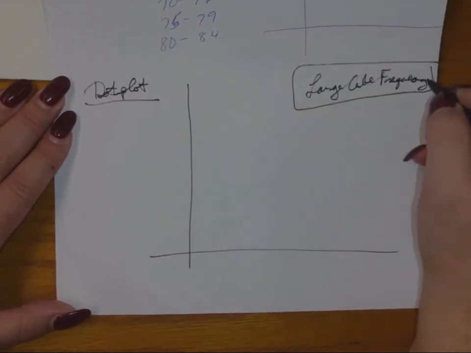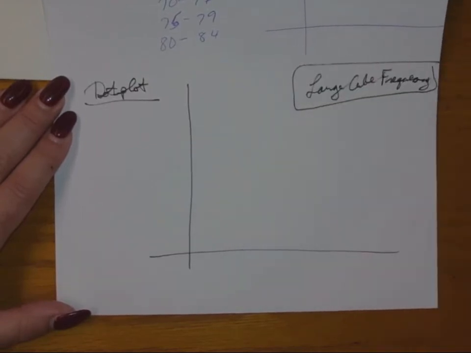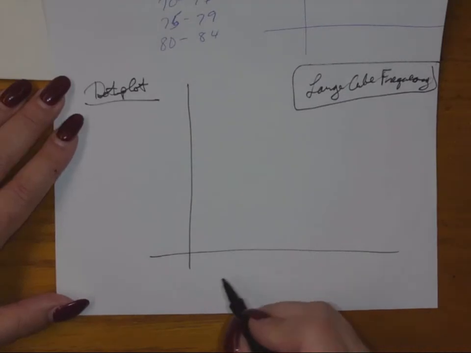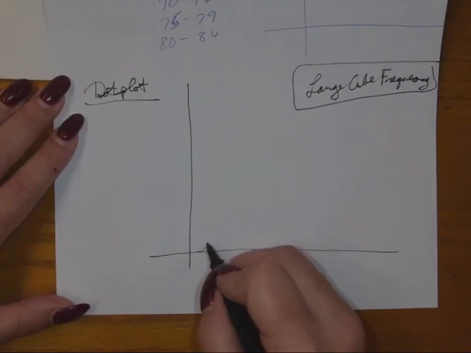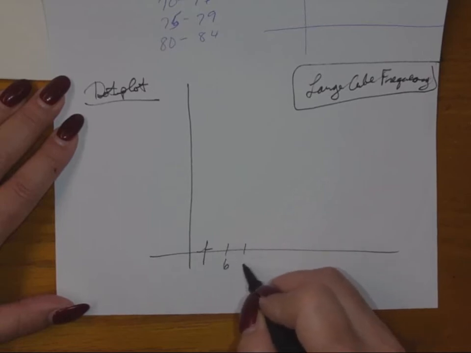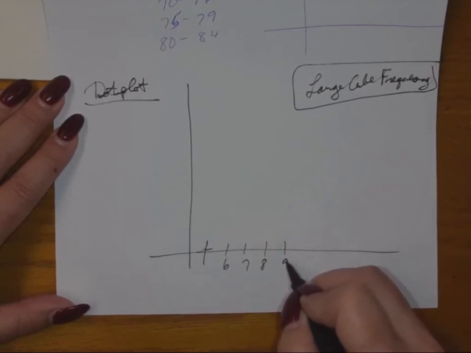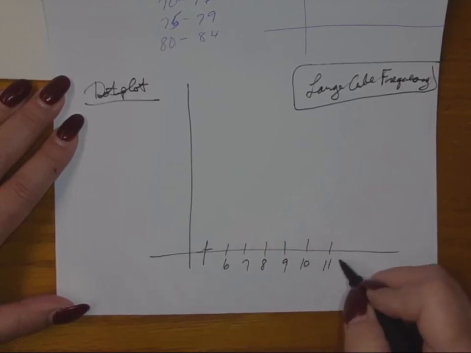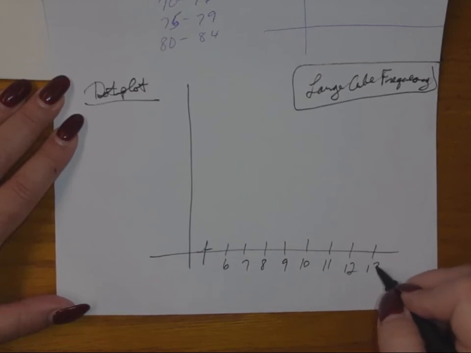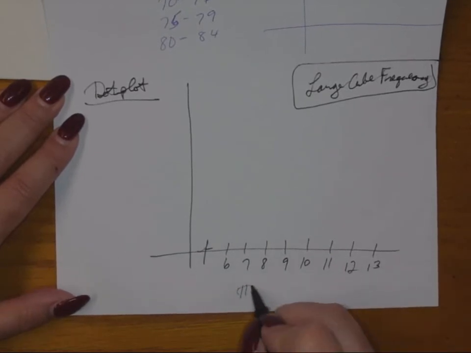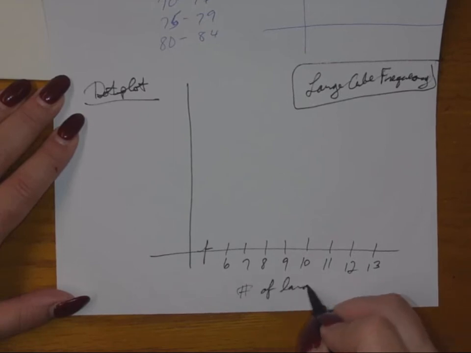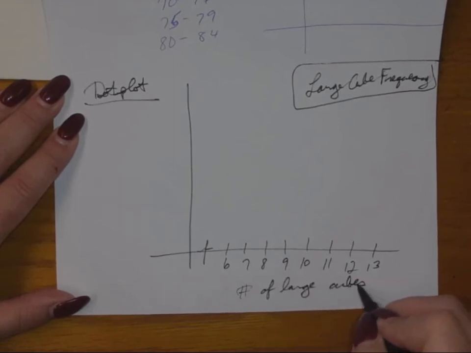Okay, so this one's kind of close to a line plot, I guess, because it's got the dots in there. So that's what makes me think of the line graph. Everything looks the same whenever I'm labeling my axes, putting in my scale here, number of large cubes.